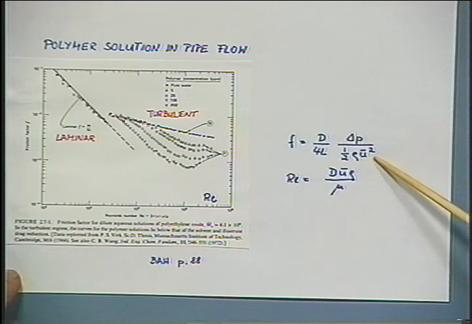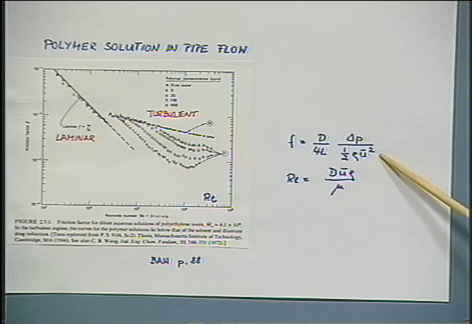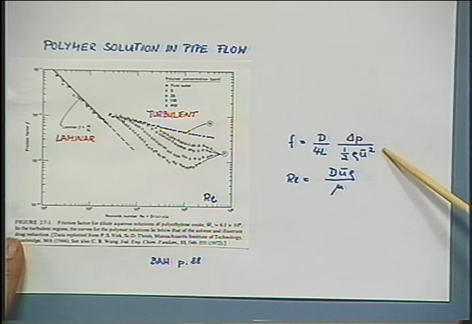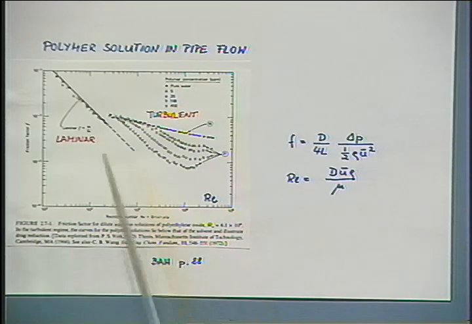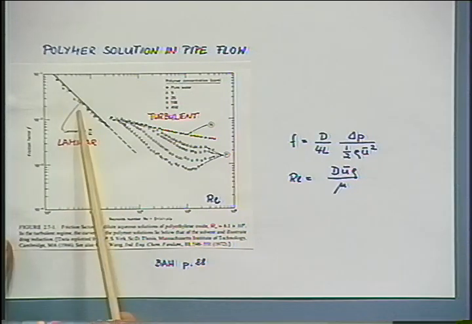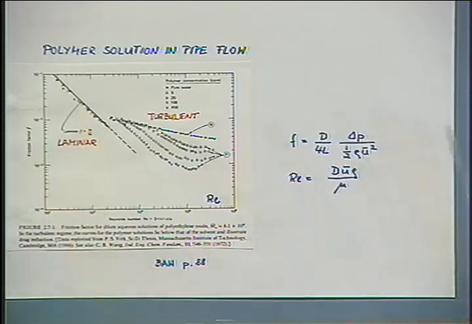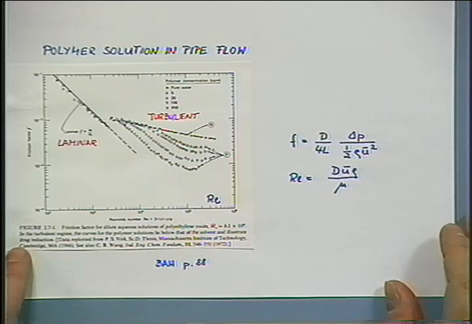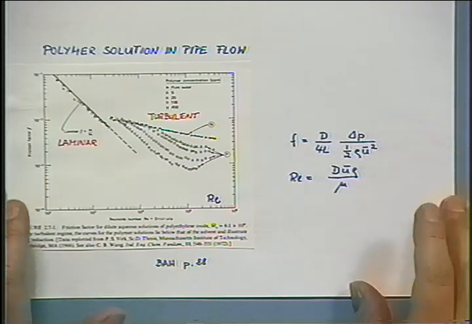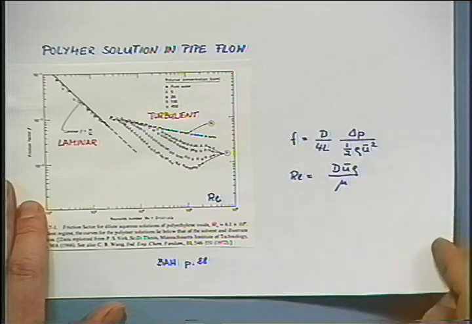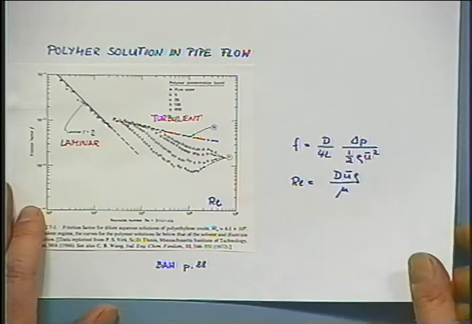The friction factor is probably not appearing again, because it can be defined nicely for the Newtonian liquid, but for polymeric liquids, it's not as meaningful. And it's not as meaningful because we are operating at low Reynolds numbers where the flow is laminar, and then the whole problem is different, and we will present the data differently, not in terms of the friction factor. But for the friction factor, I would recommend standard texts in classical fluid mechanics to look at that.